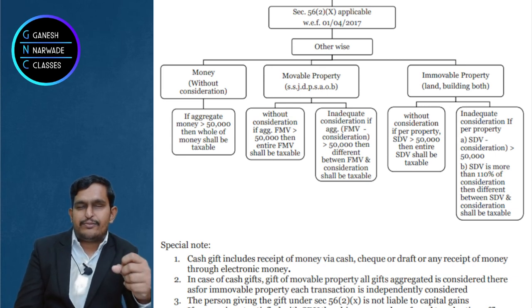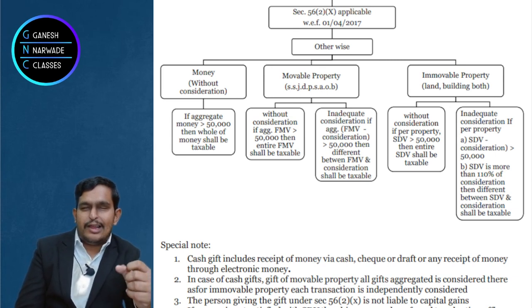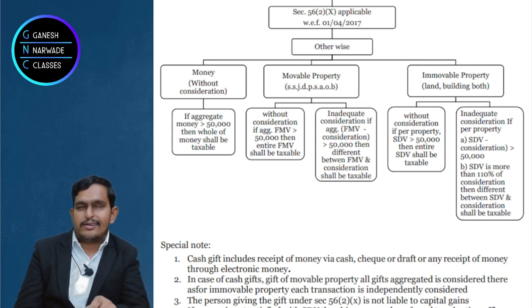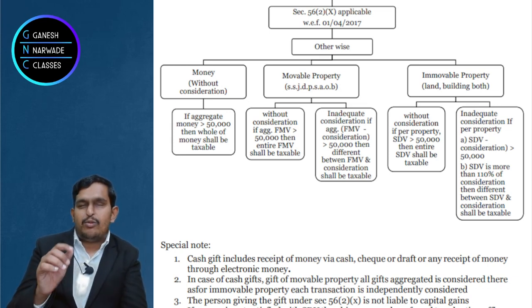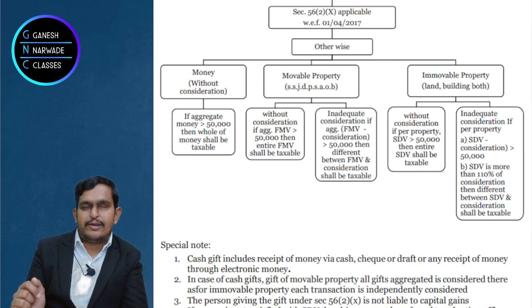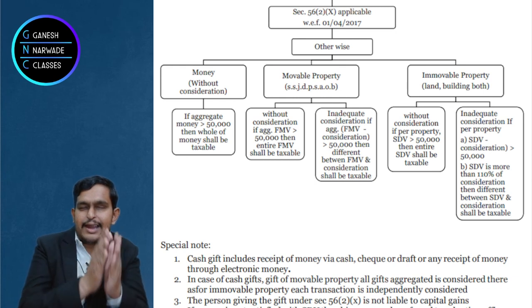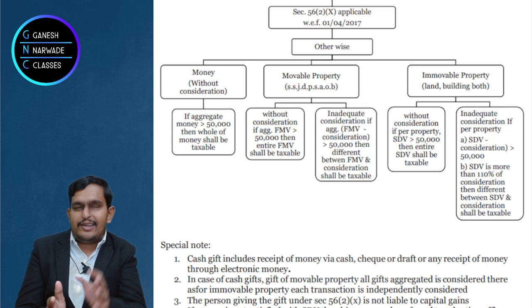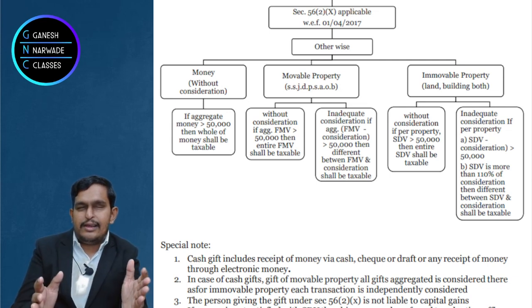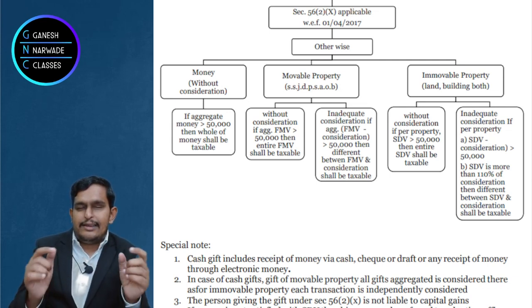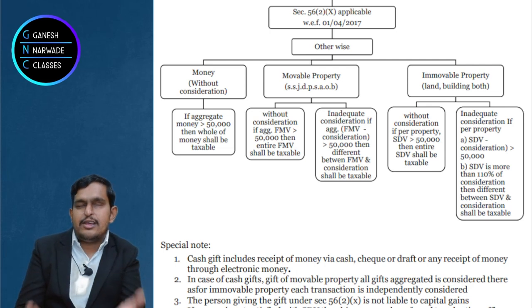Separately, the first 30,000 worth land is less than 50,000, not taxable. The second, 40,000 worth land, is less than 50,000, not taxable. For immovable property, each transaction is checked separately. That's why this is 30, that is 40, and each individually is less than 50, so not taxed.